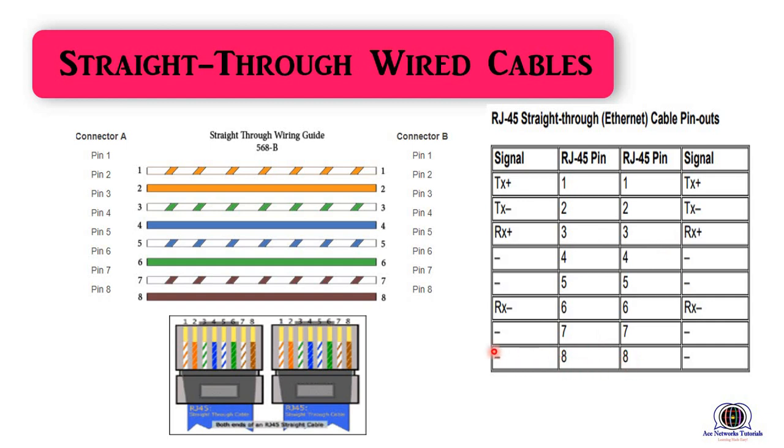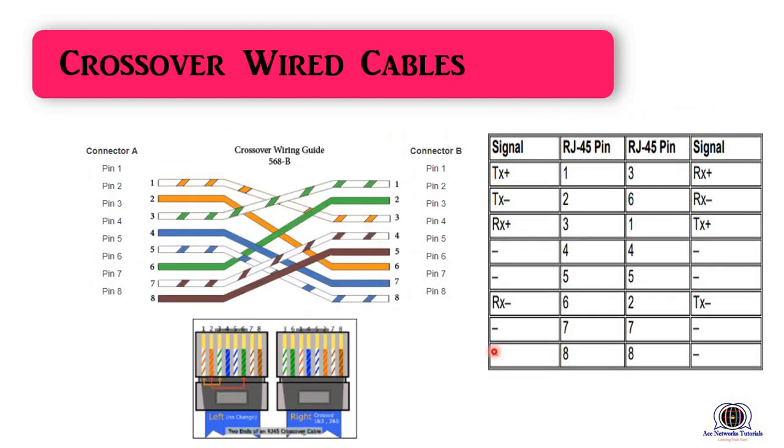Moving further. Crossover cable. The crossover cables are like straight through, except the transmitting and receiving cable wiring is in crisscrossed fashion. Please note, the pins of RJ45 connector are still the same. 1 and 2 are used for transmission, while 3 and 6 are used for reception.